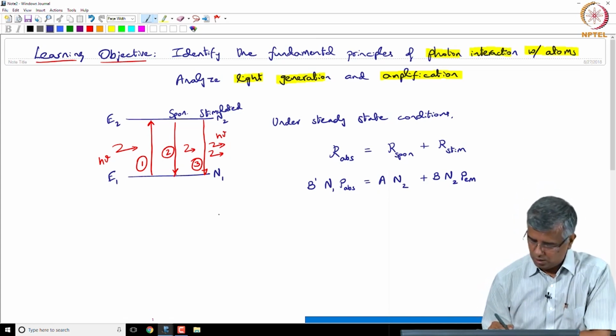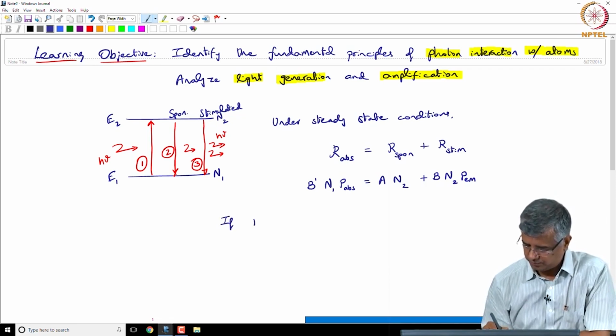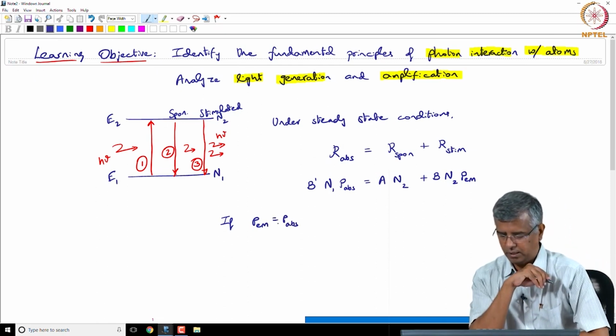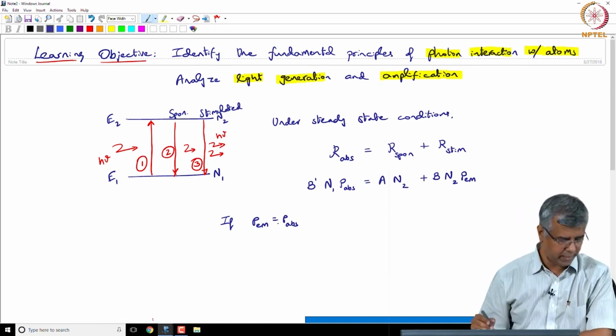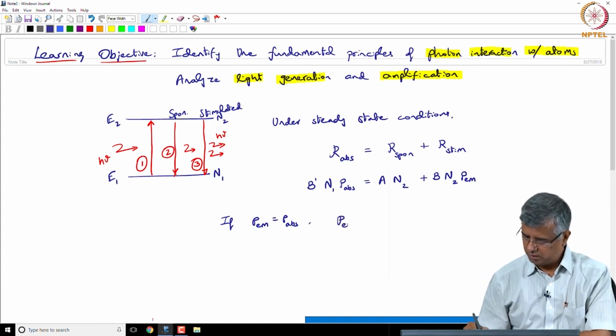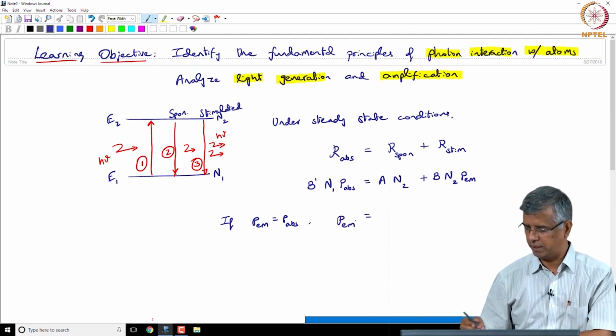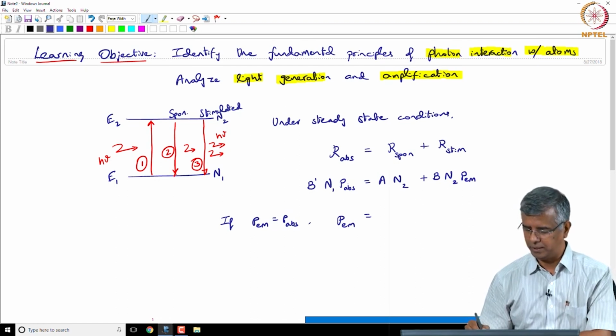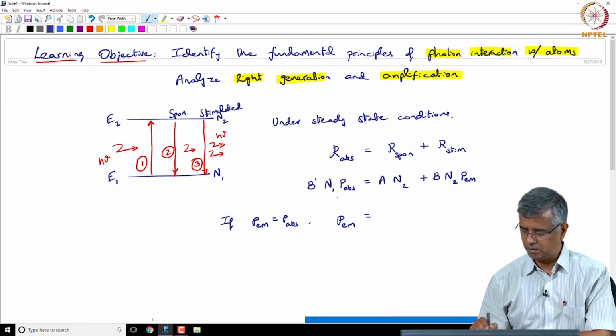So, if we assume that this is equal, then you can get an expression for this probability density of emission, and that is just a matter of substituting, instead of P ABS you substitute P EM, and then rearranging terms.